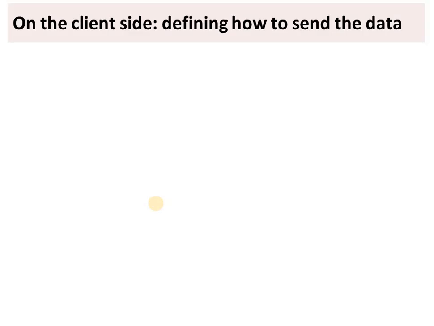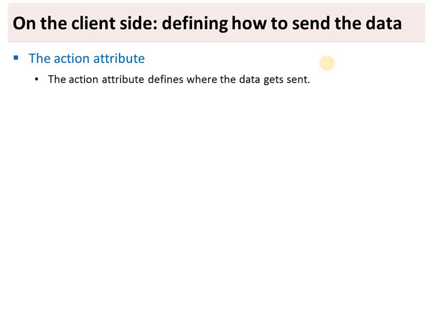Now let's see how to send the data. On the client side, when you send data, there is one attribute called the action attribute, which defines where the data gets sent. Over there you have to mention a page. It can be a PHP page or an HTML page.